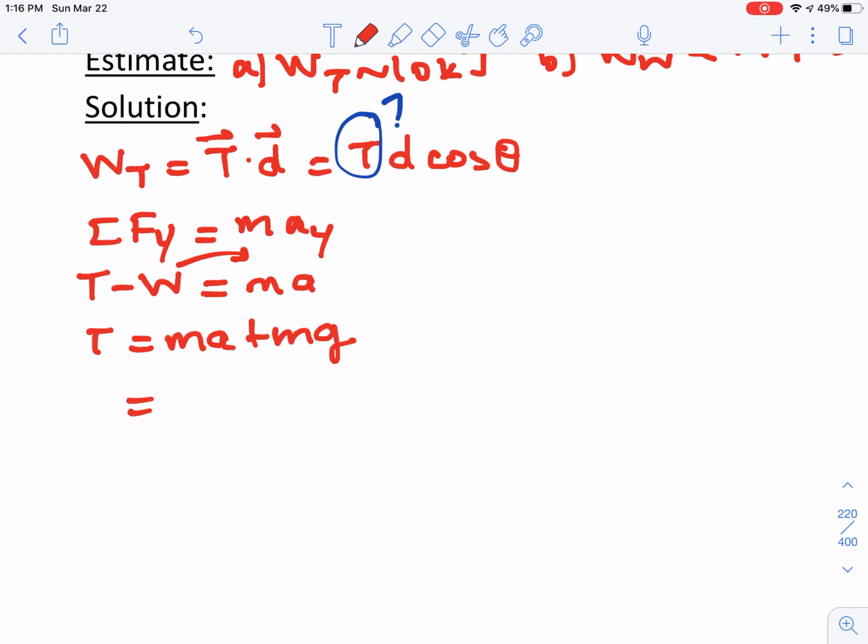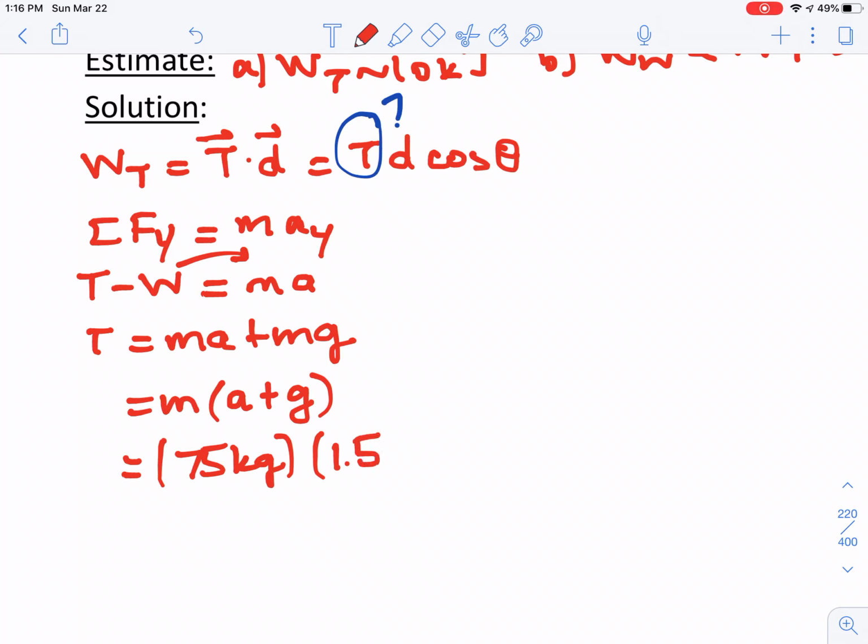And as you know, I don't want to do extra calculations, so I'm going to factor out m, and the tension becomes the mass of the object, which is 75 kilograms, times a, which is 1.5. It's positive upward, right?